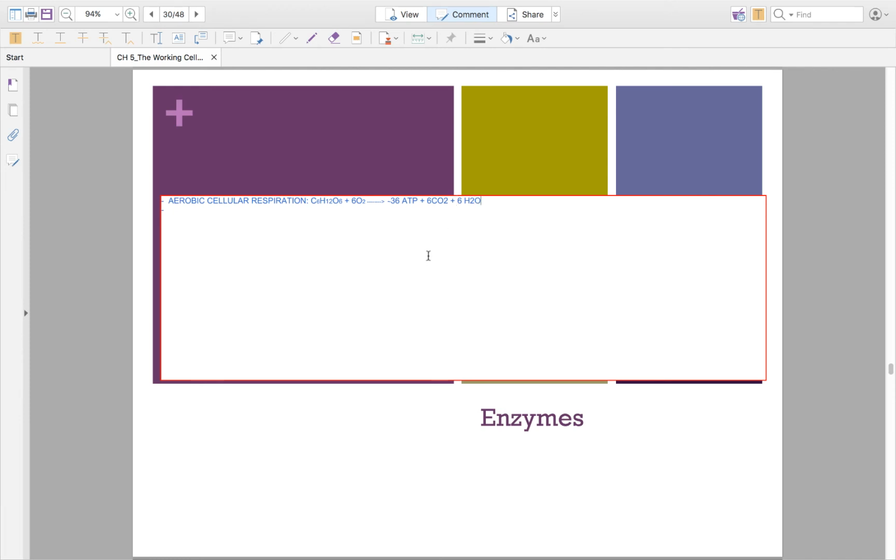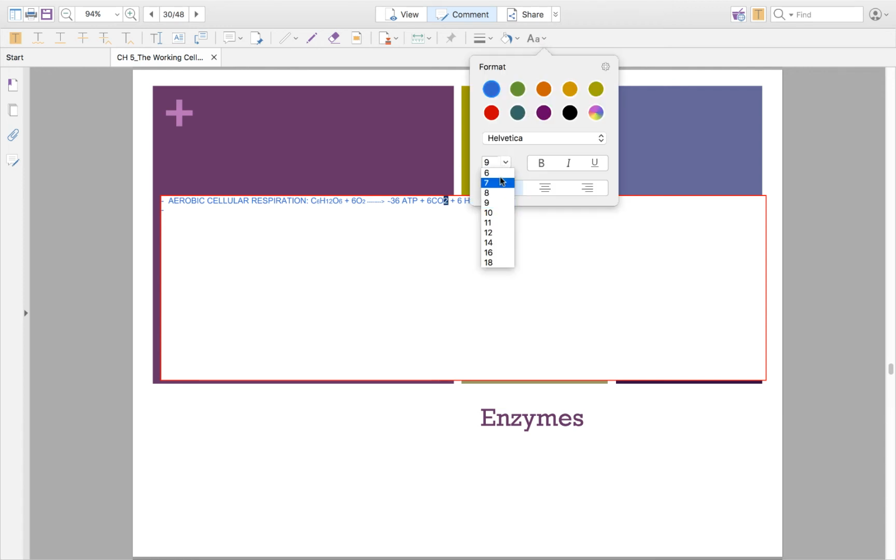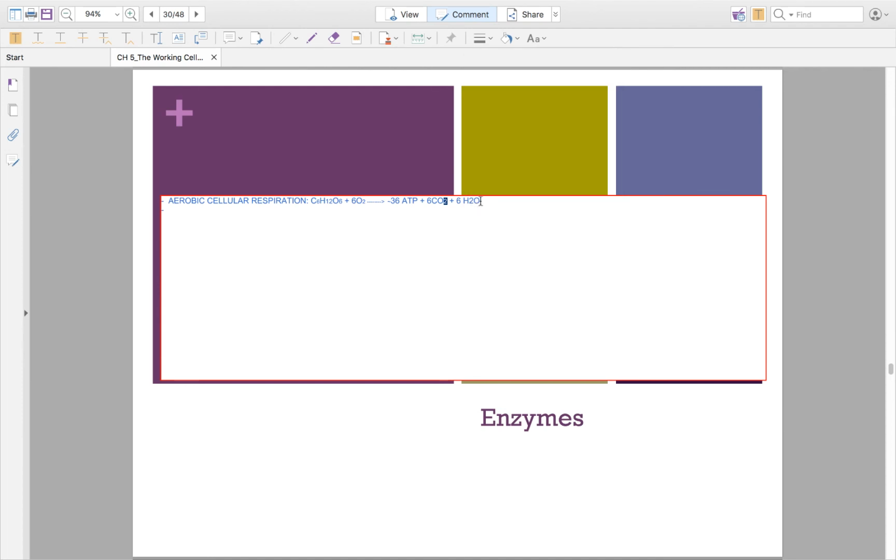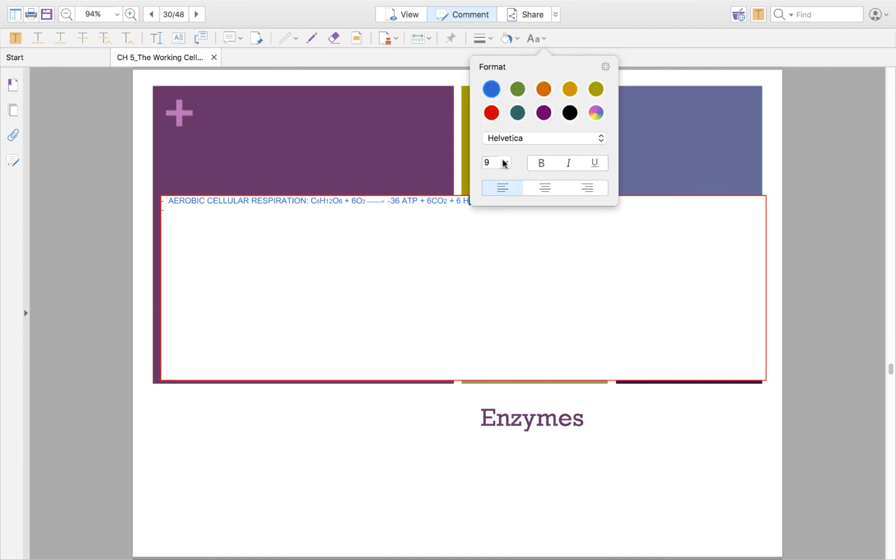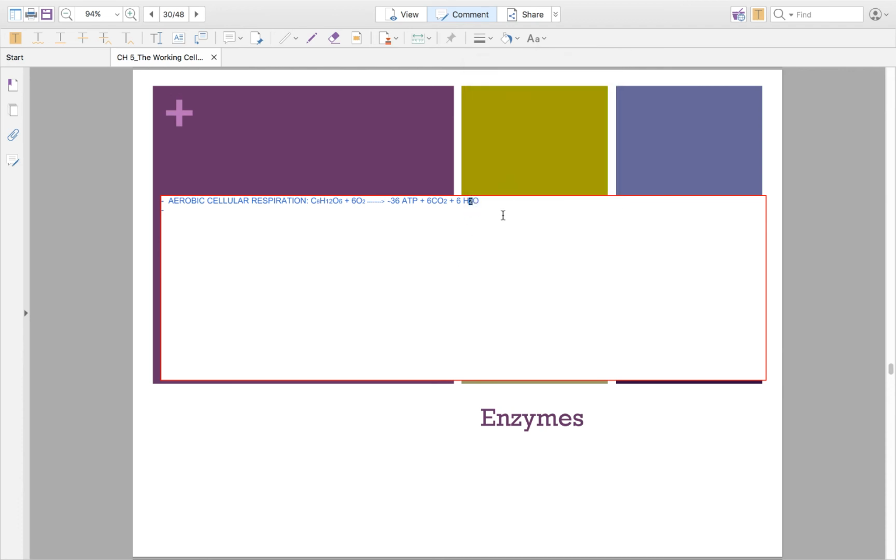Now, do me a favor at home and go ahead and make these into a subscript and write it correctly. Unfortunately, it's just a little difficult with the typing to get it perfect. It just takes up too much time. All right, now that is the formula for aerobic cellular respiration.